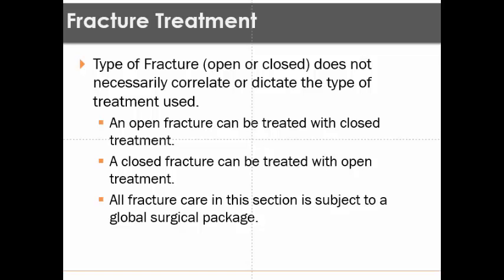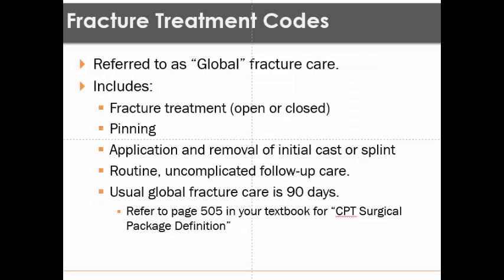Another thing you need to know is that all fracture care in this section is subject to a global surgical package. Earlier in your introduction to your CPT guidelines, you were taught about CPT surgical package definitions. Well, the global fracture care falls underneath the CPT surgical package definitions.